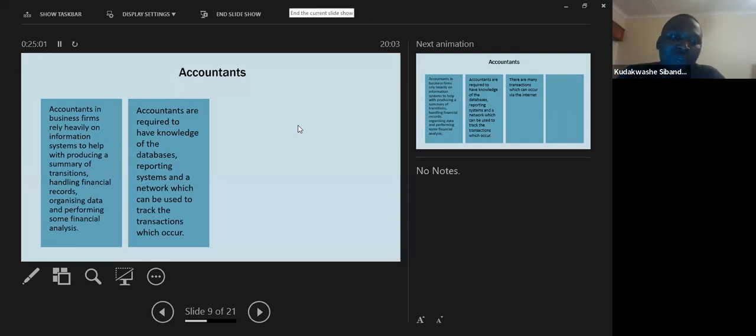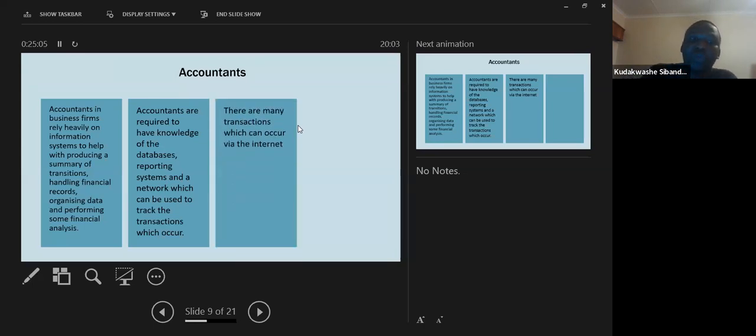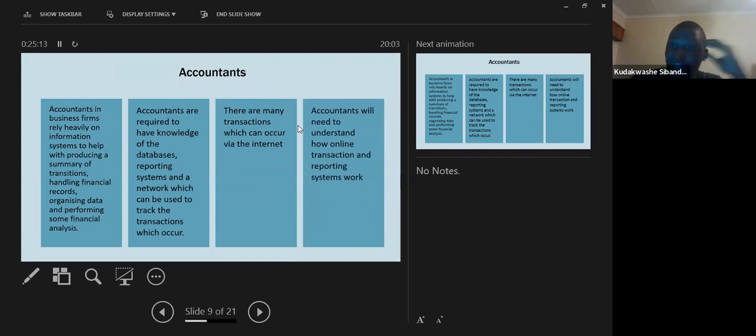And also a network which can be used to track the transactions which occur. There are many transactions which can occur via the internet. So now they're talking about bringing in the internet, helping the accountants to track, right? And now accountants also need to understand how online transaction and reporting systems work, right?